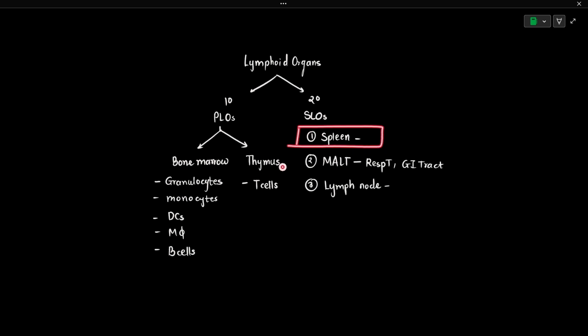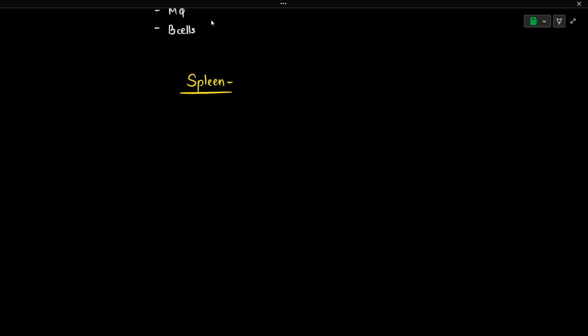The spleen is also known as the graveyard of RBC, and I'll come to that later. But the spleen has multiple roles besides initiating immune response, or providing an environment for the immune cells to encounter those antigens.